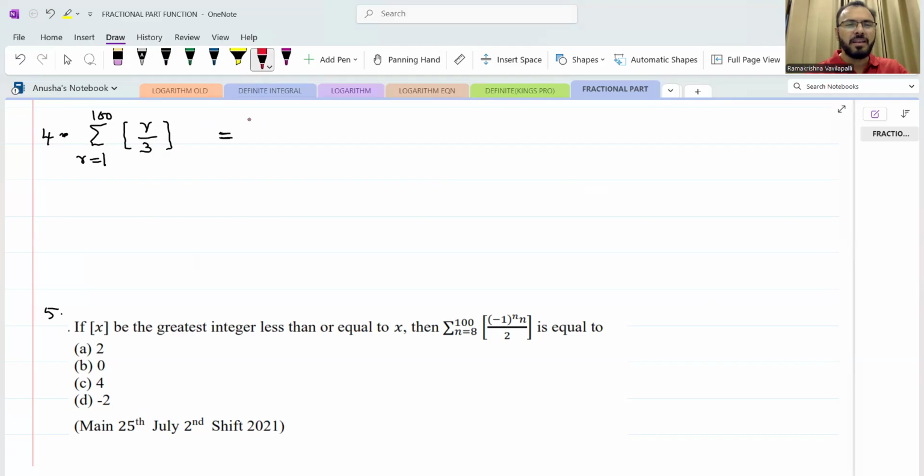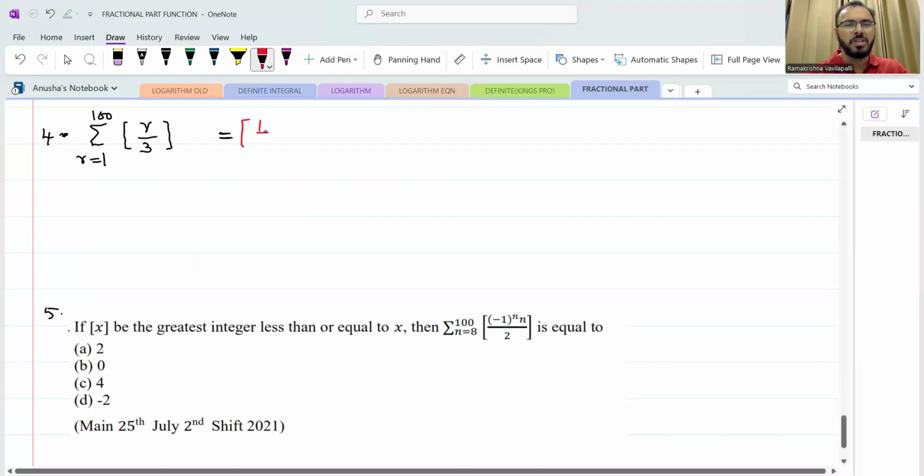I'll write the integral part of 1 by 3, plus integral part of 2 by 3, plus integral part of 3 by 3, plus integral part of 4 by 3, plus integral part of 5 by 3, plus integral part of 6 by 3, like this and so on.